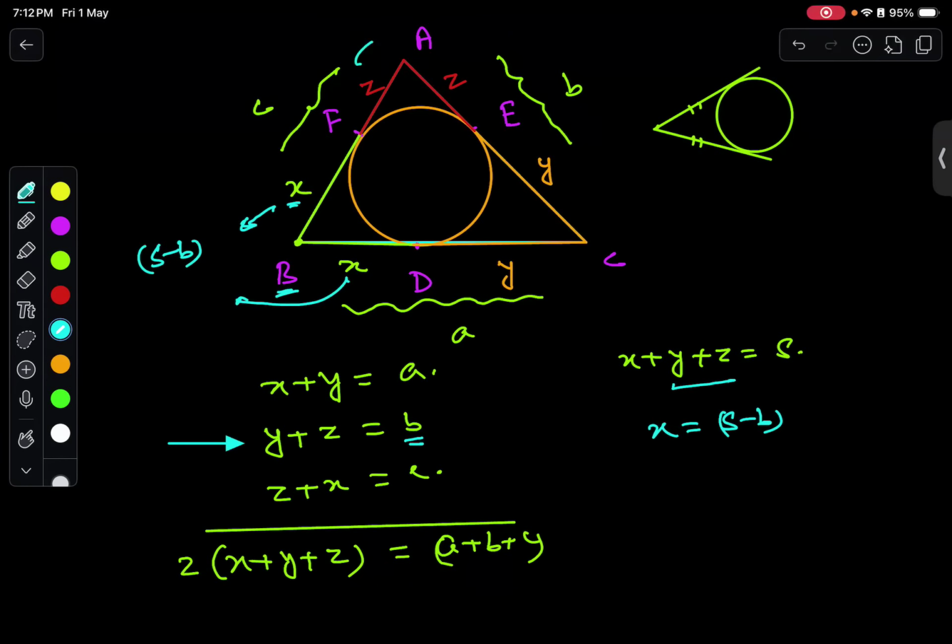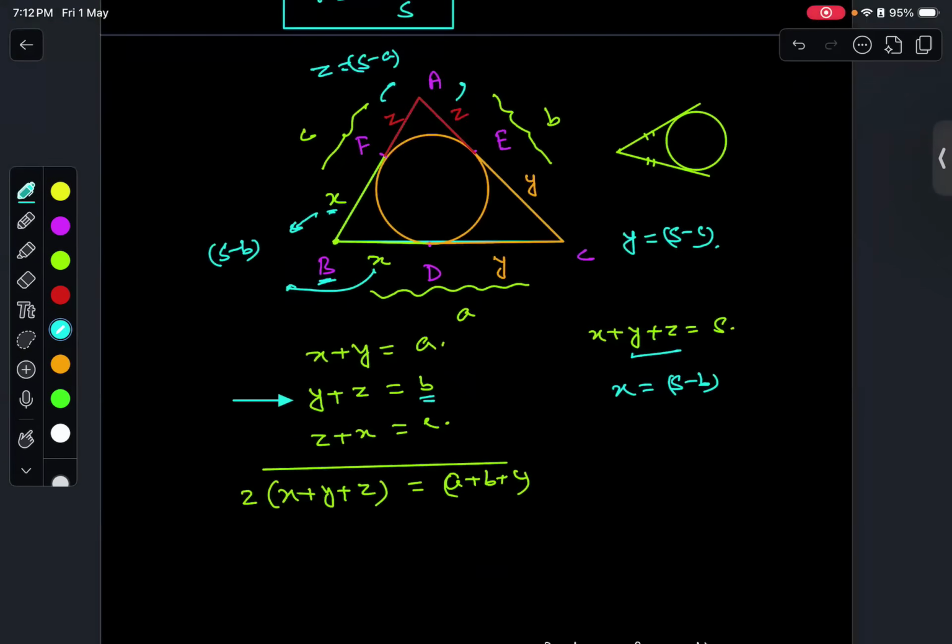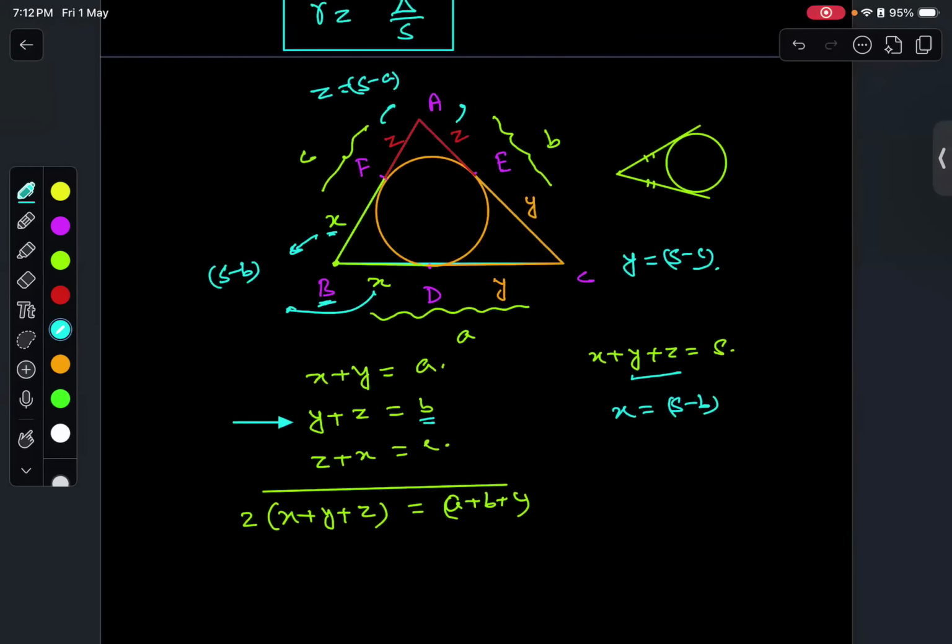Similarly z I can write as s minus a, and in the same way y is s minus c. This is s minus a, s minus b, and s minus c.